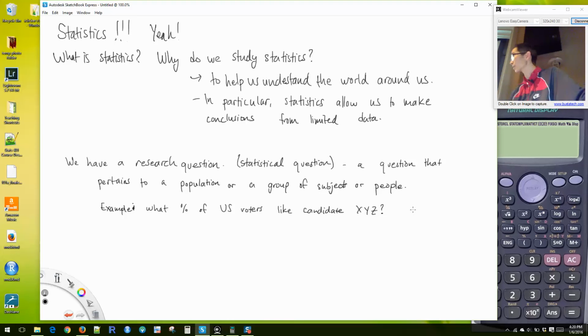Okay, so, it's 2016, presidential elections coming up, and maybe instead of saying voters like, we should say voters support is a better, more specific word, okay? So what percentage of U.S. voters support candidate XYZ? It's like you ask, who are you going to vote for type of question, okay?